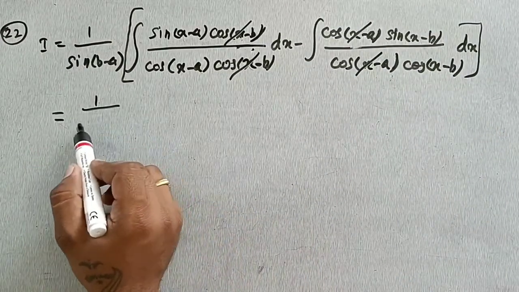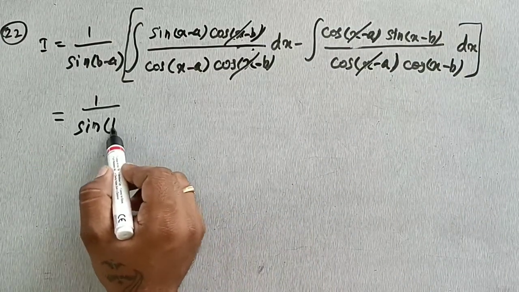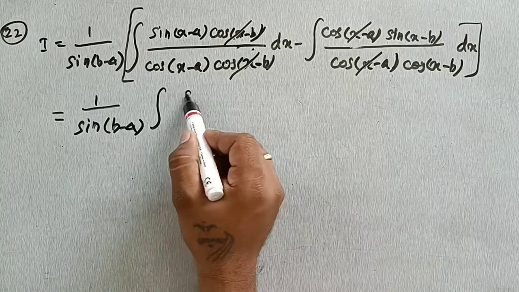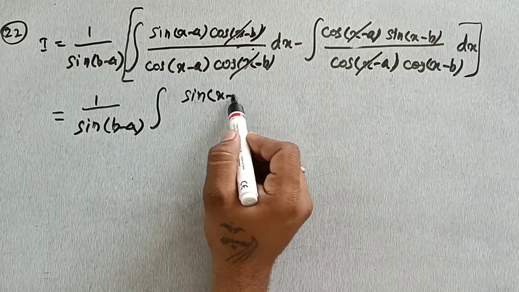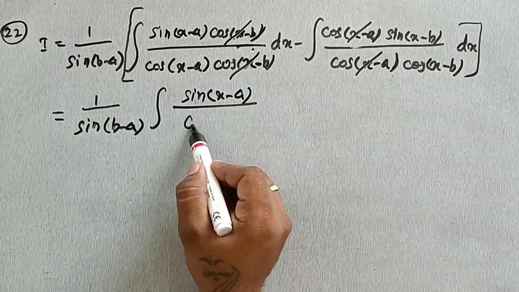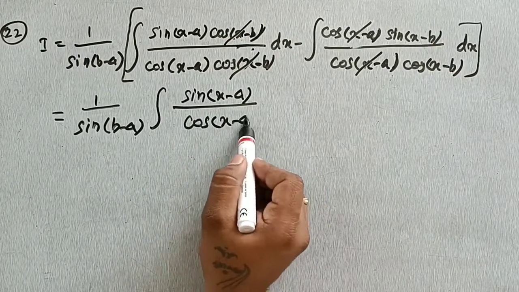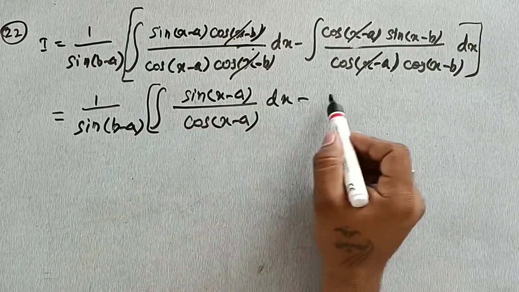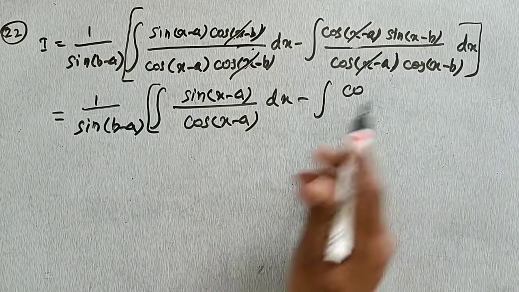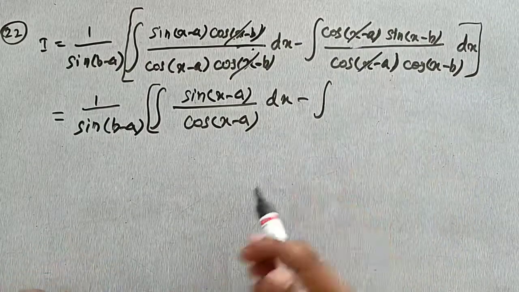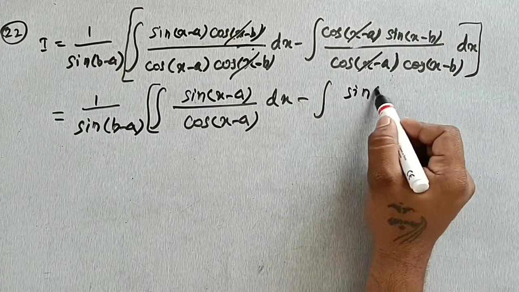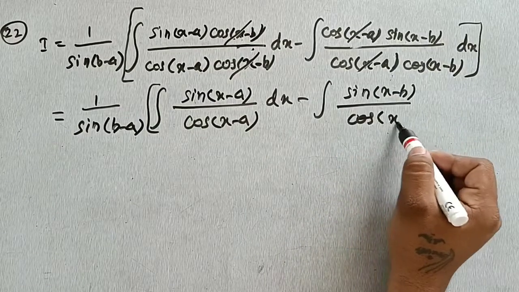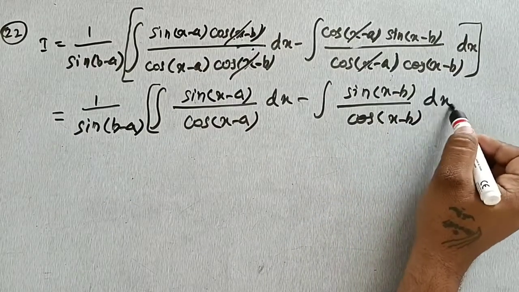Remaining terms we write: sin of b minus a into the integral of sin of x minus a divided by cos of x minus a dx, minus the second term, the integral of sin of x minus b divided by cos of x minus b into dx.